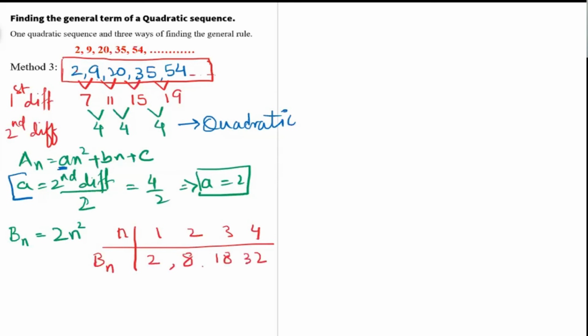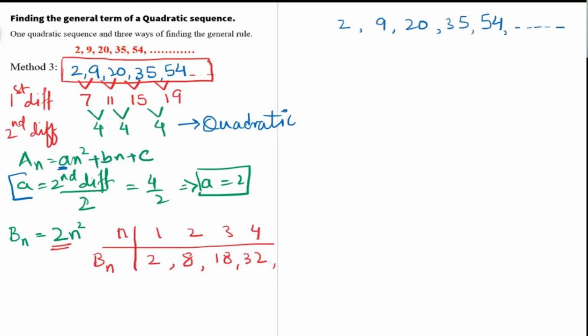Right, so we've got two sequences. One sequence was the original one. Then we found another sequence, which is made by just using the value of a, the coefficient of n squared. I'm going to write these two sequences. The original one is 2, 9, 20, 35, 54, and so on.